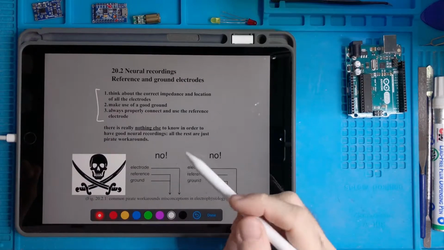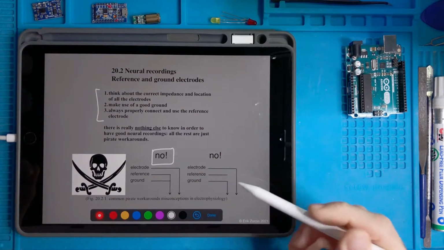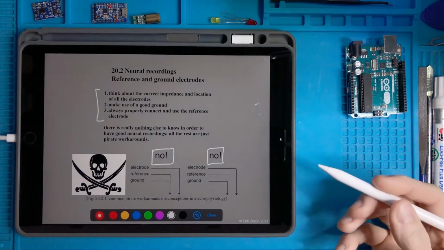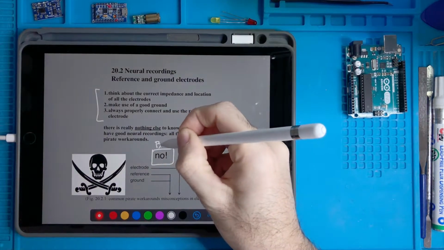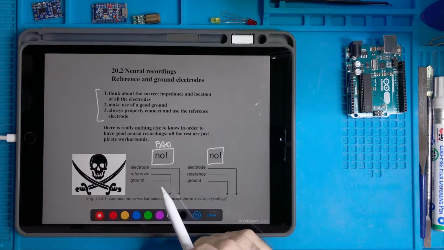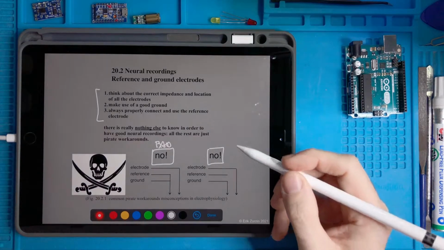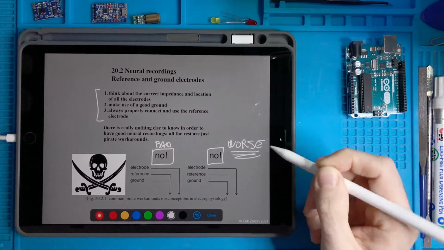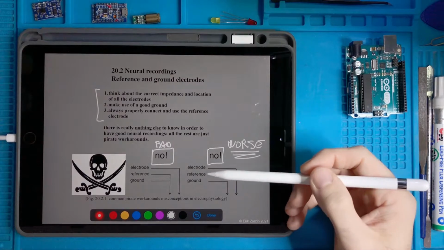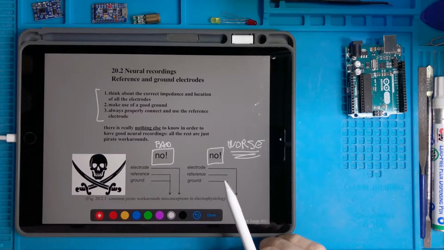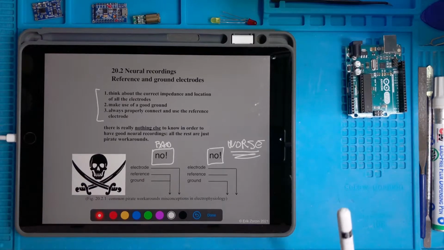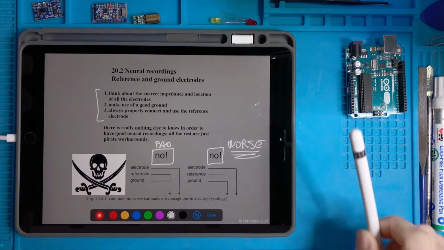We said that this is bad, but this is worse. Bad because you're not using differential recording, by short-circuiting the reference to ground, but this is much worse because you are using a differential recording, but if you don't connect the reference to anything, then the result is random. So we have to take care about this.